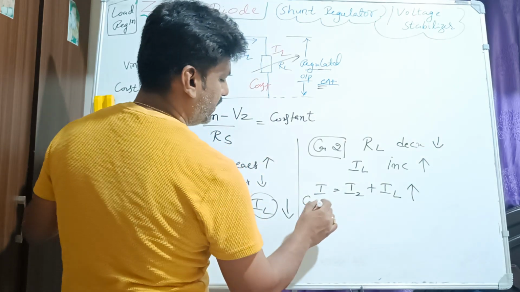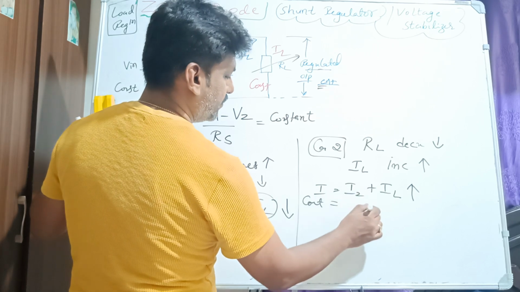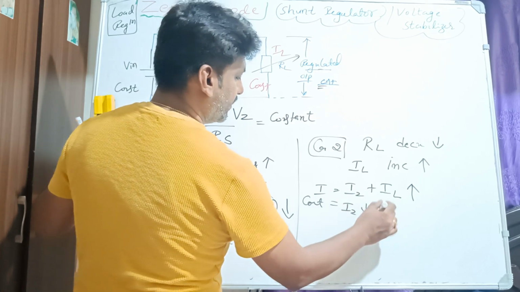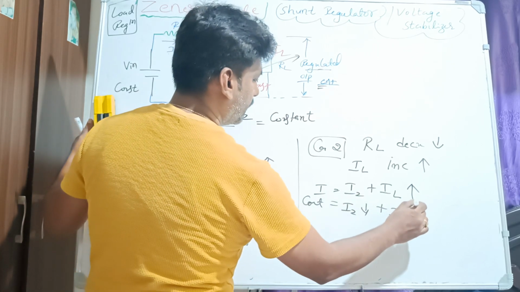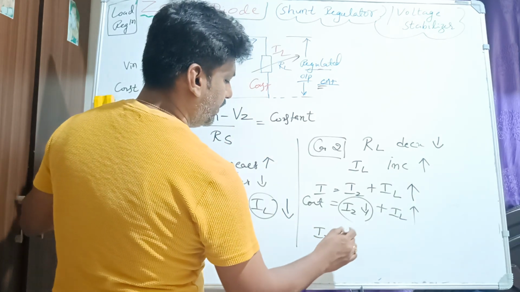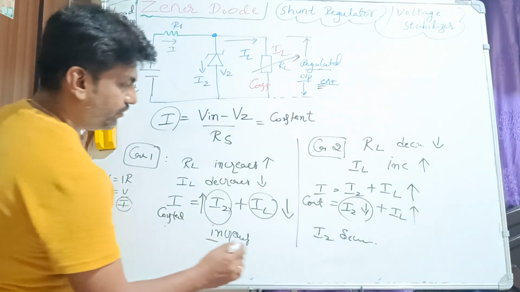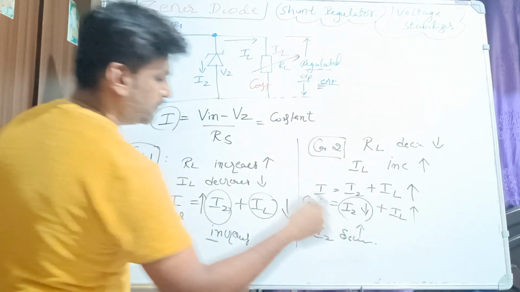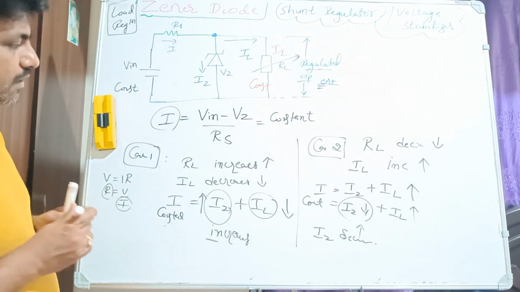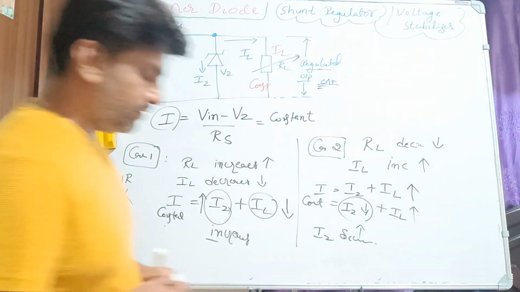What about the LHS? LHS is constant, right? So what about this? Iz should decrease. So here Iz should decrease, and earlier Iz should increase, so that your I is going to be constant.